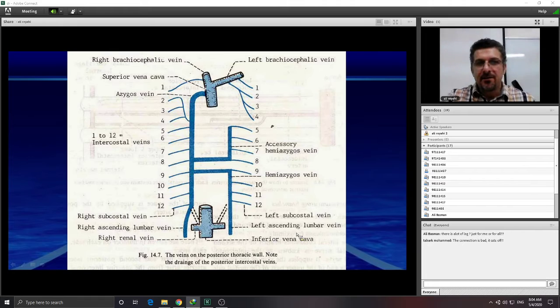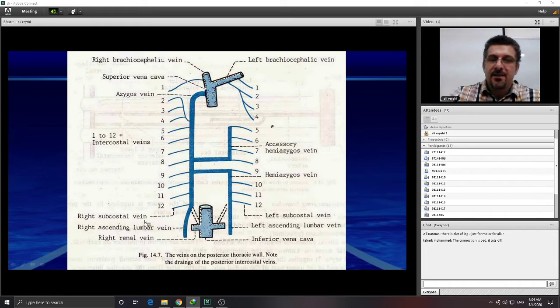This is a very simple picture, but you can easily understand the azygous system. What is the azygous system? It starts in the lumbar region by joining two veins: the ascending lumbar vein on each side, and the subcostal vein.